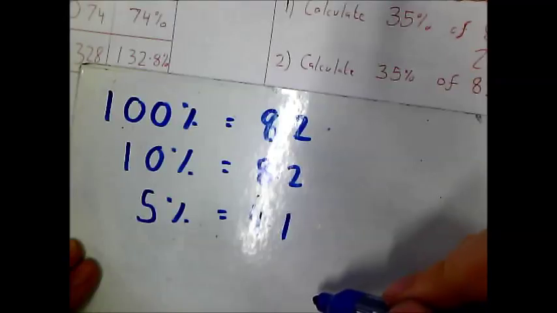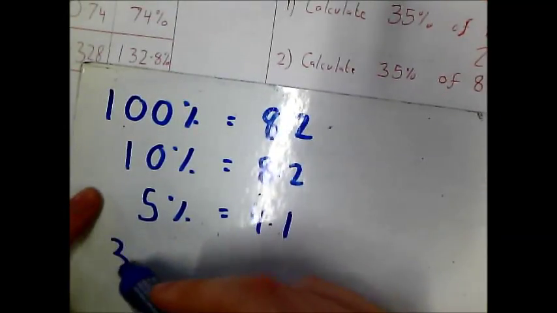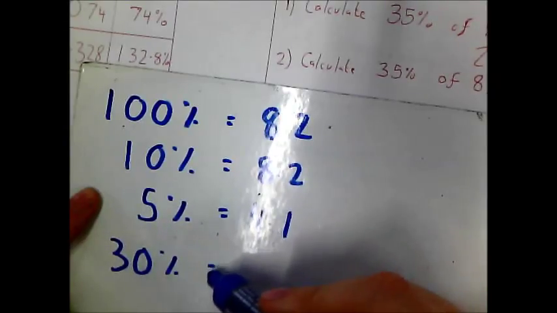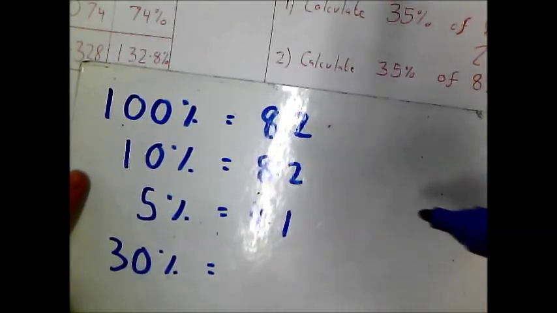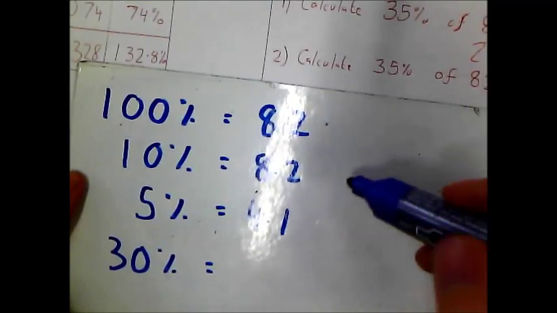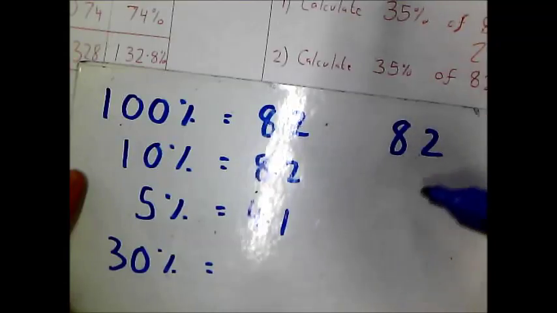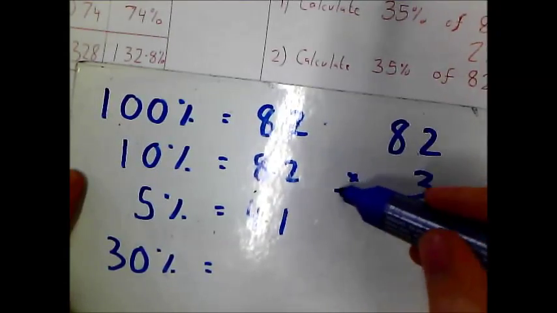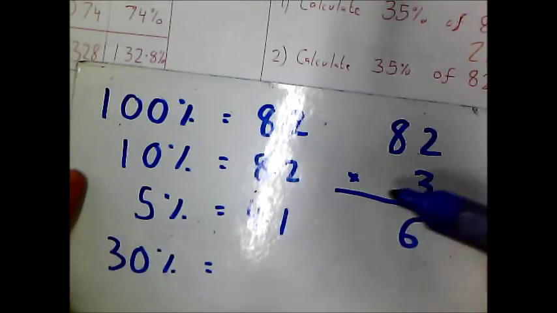And then I want 3 lots of this to get 30%. So 8.2 times 3. Well, I can pretend it's 82 times 3 if you need to, on the side here. So 3 times 2 is 6. 3 times 8 is 24.